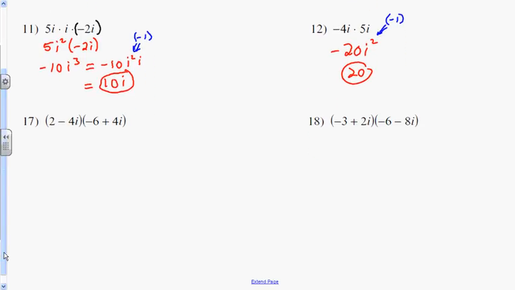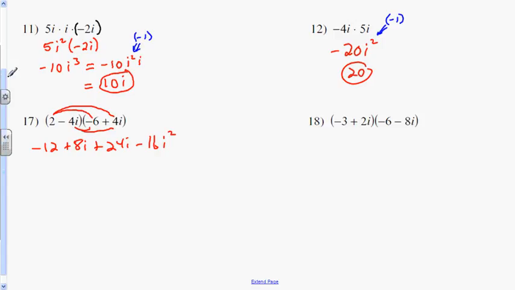Foiling, same rules. First times first gives us negative 12. Outside gives us 8i. Inside gives us plus 24i. Last, negative 16i squared.